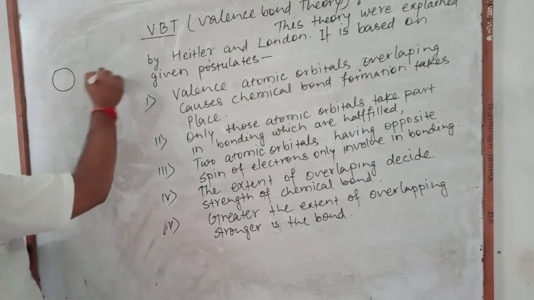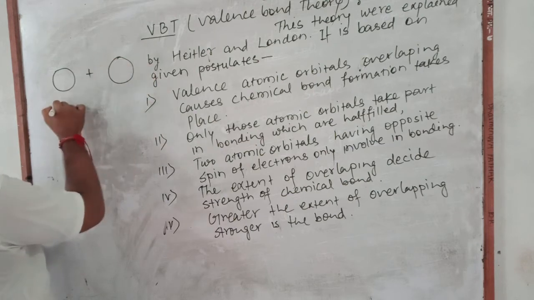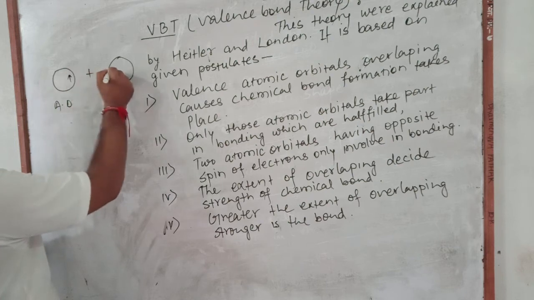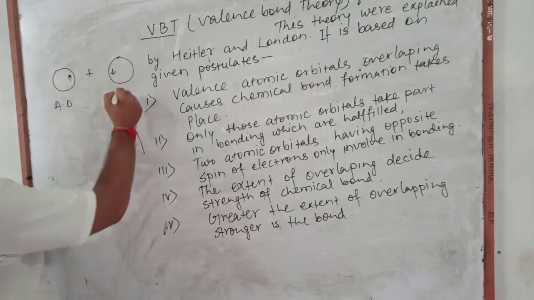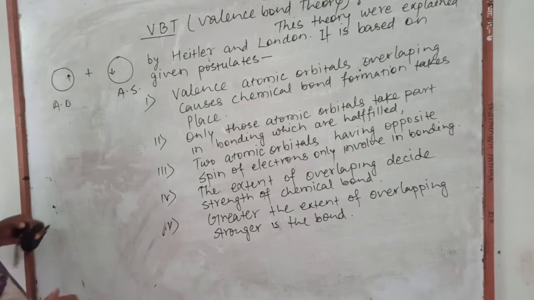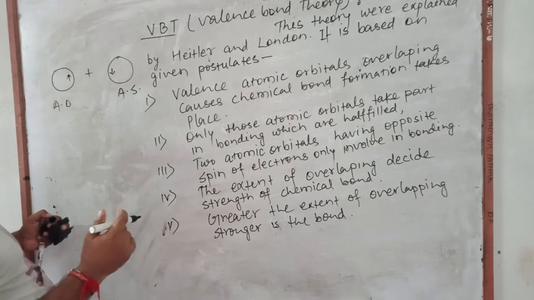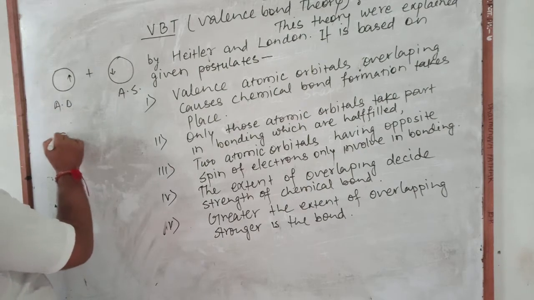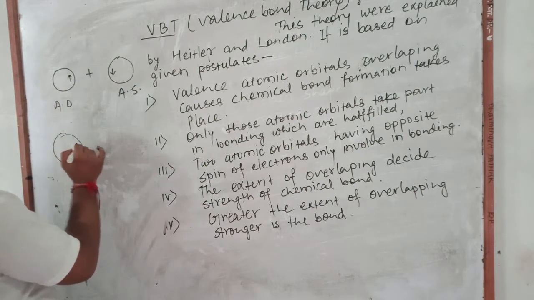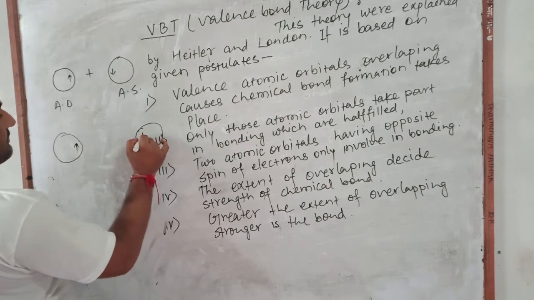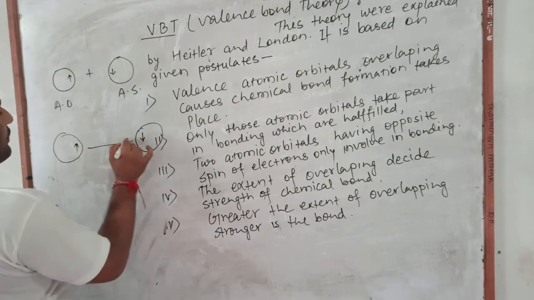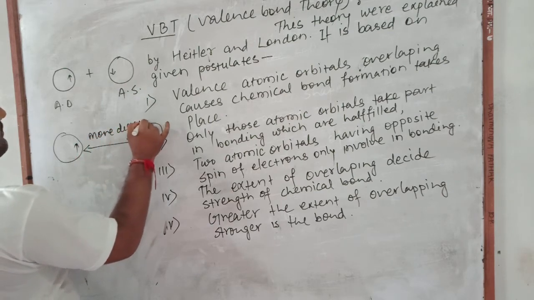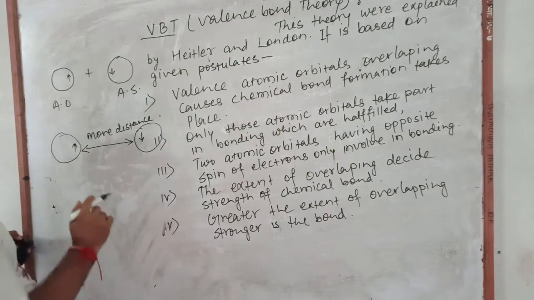Suppose two s atomic orbitals having opposite spin of electrons, then only overlapping takes place and chemical bond formation takes place. When these atomic orbitals are apart from each other, at a larger distance, they do not take part in chemical bonding.